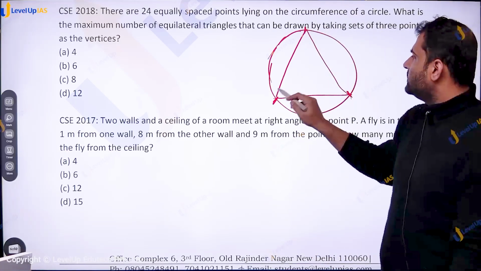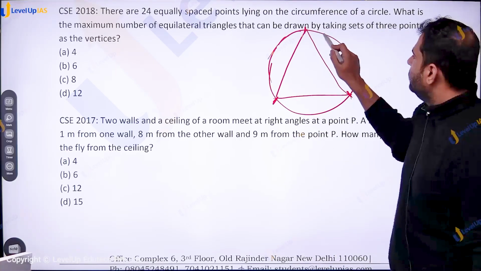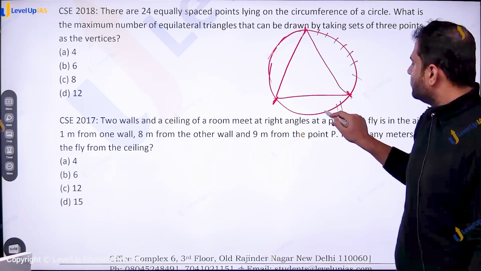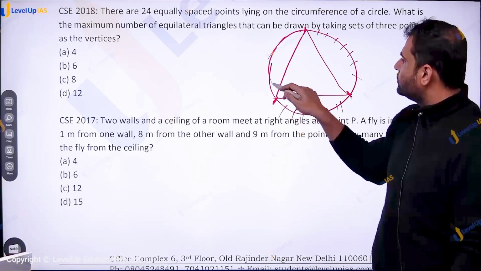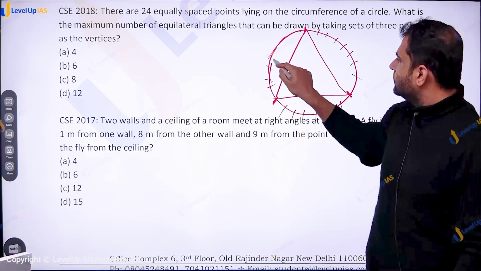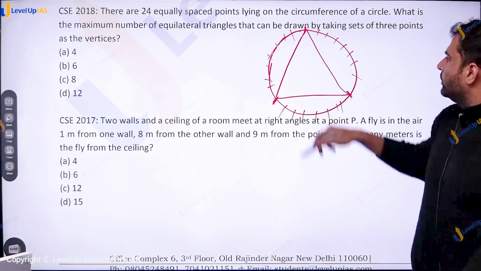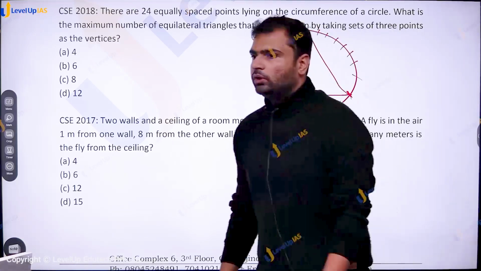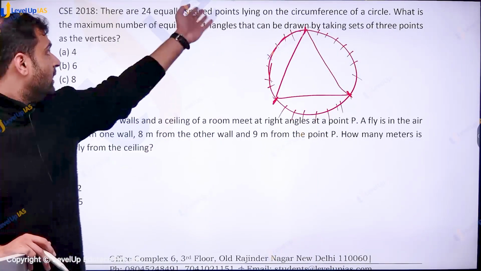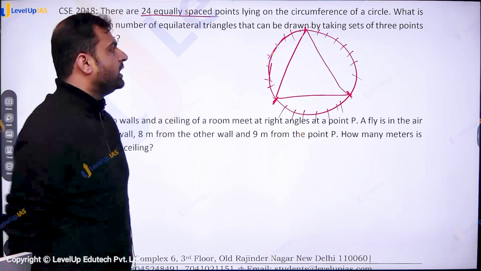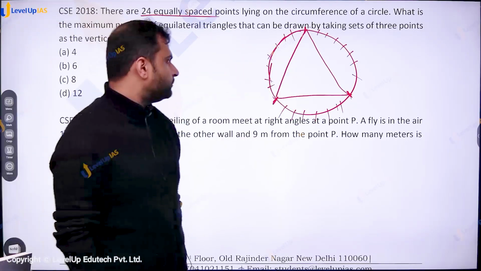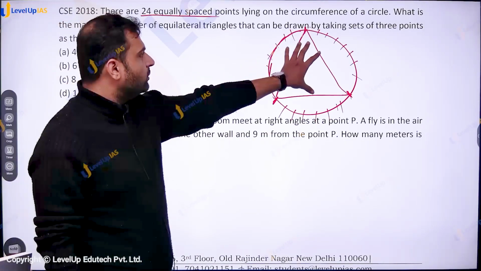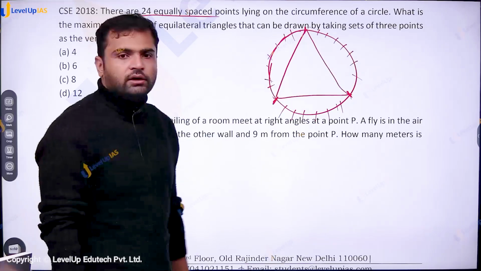And because these are 3 points and we have 24 equidistant points, we'll have 7 points in between these 2 points, 7 in between these 2 points and 7 in between these 2 points, so that 7 plus 7 plus 7, 21, and these 3 give me a total of 24 points as specified in the question, 24 equally spaced points. So this is one of my equilateral triangles and every time I rotate this equilateral triangle by 1 unit, I'll get a new equilateral triangle.